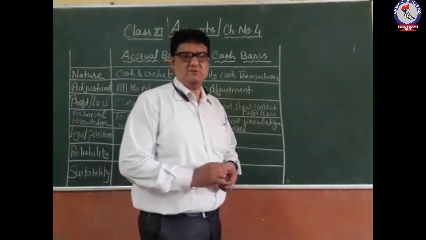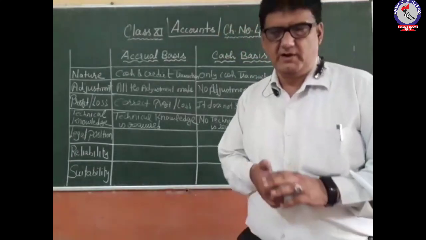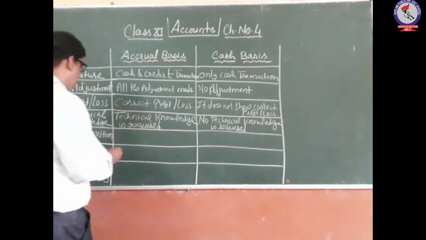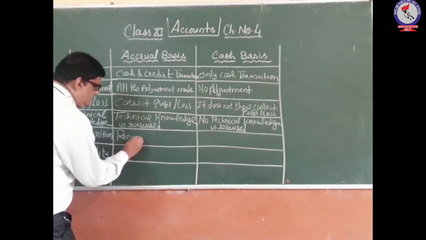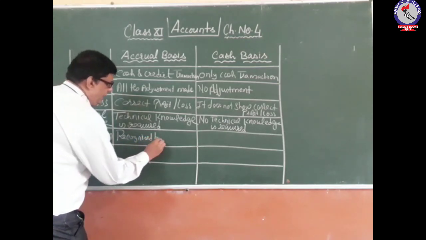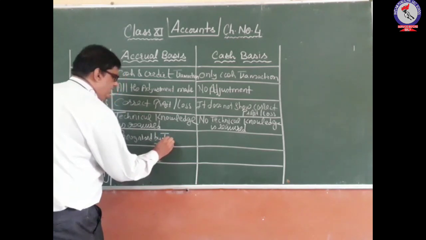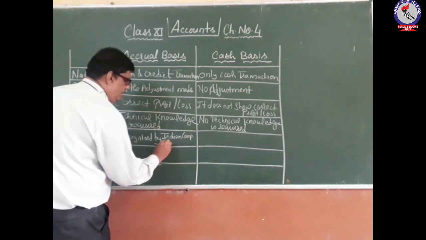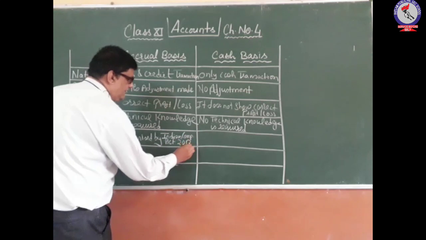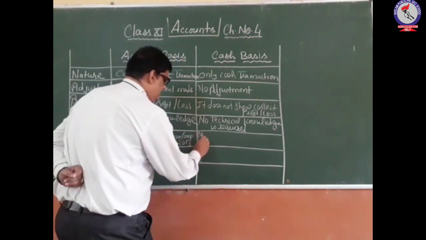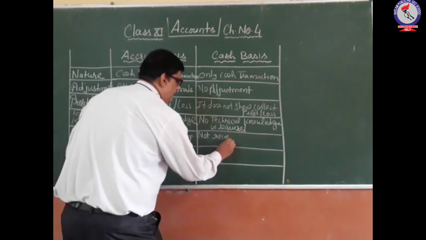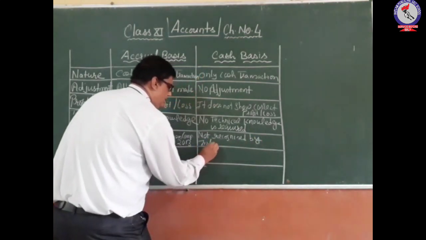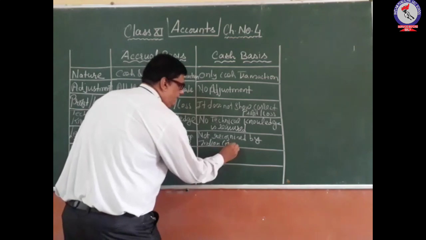According to the Companies Act 2013, the accrual basis of accounting is recognized by the Indian Companies Act 2013, and the cash basis is not recognized by the Indian Companies Act 2013.